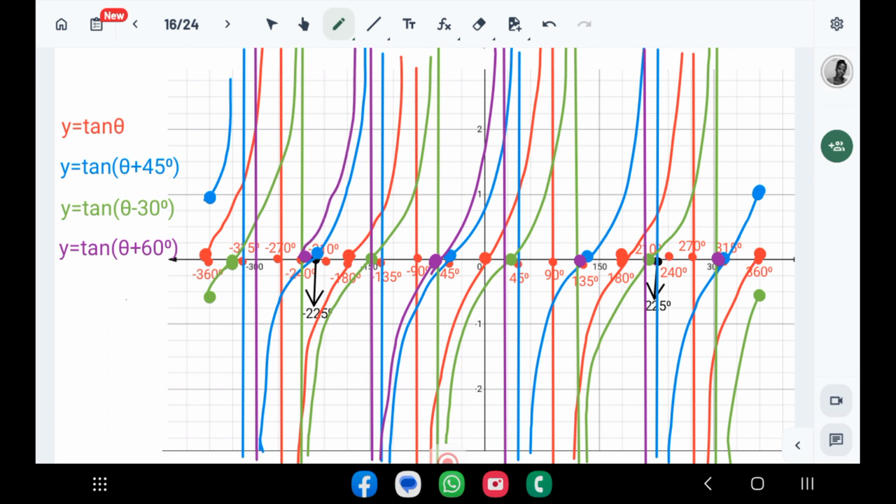Let me fix this. Perfect, but this is where it should go. Right, next one.